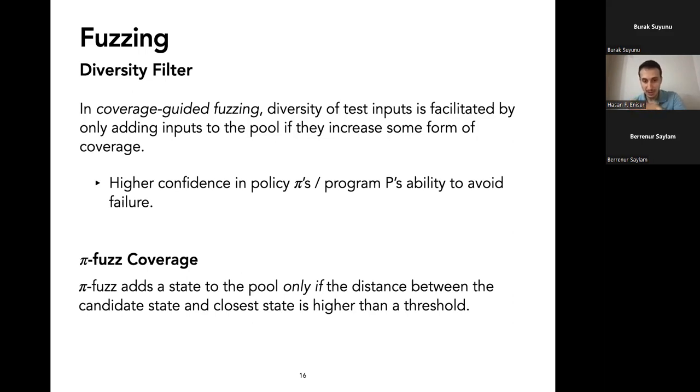The state is defined over a set of real or integer values, so we measure the distances and add it to the pool if it's higher than a threshold. Because the state space in many complex games is almost infinite, it's not possible to test every state. So we need to find a smarter way of testing the agent in the state space.